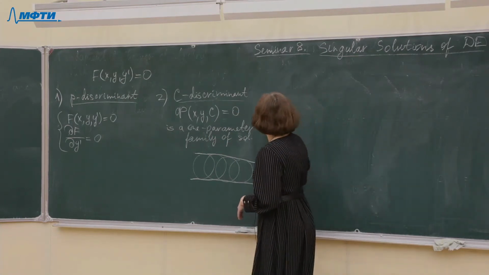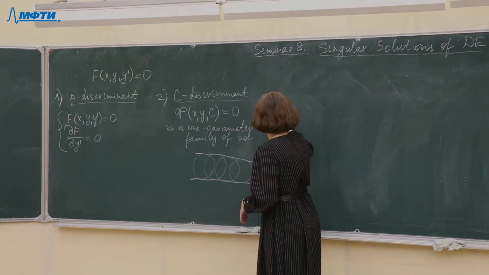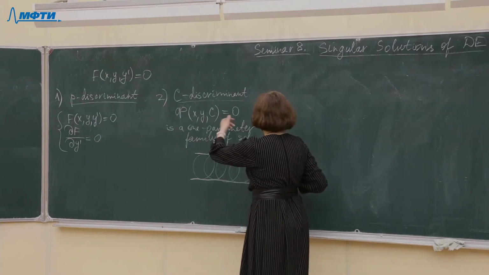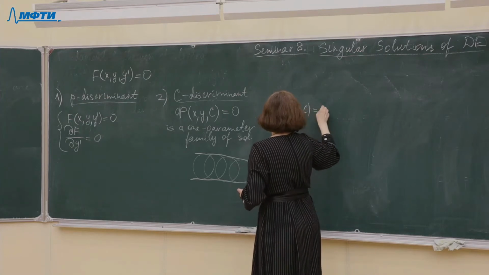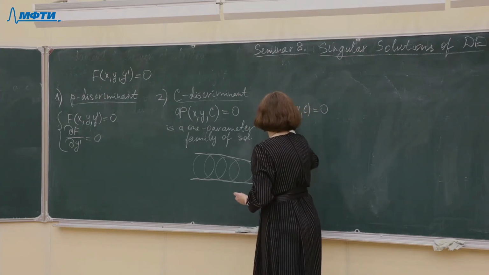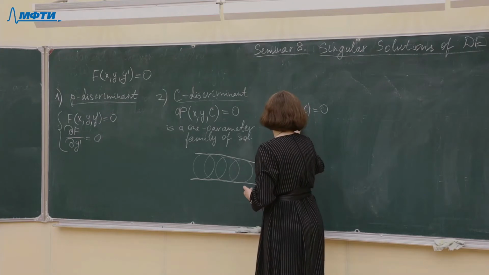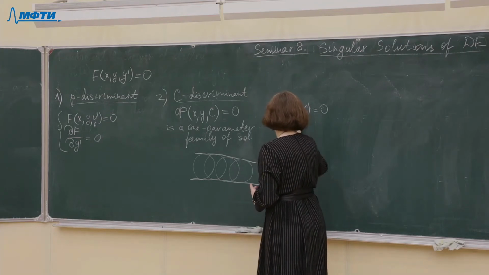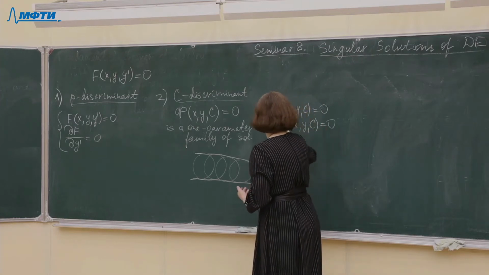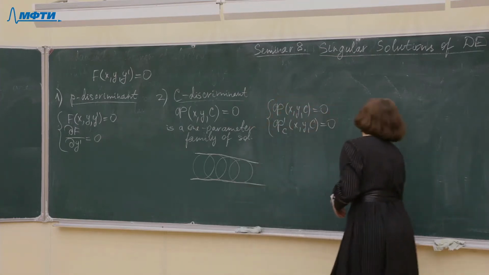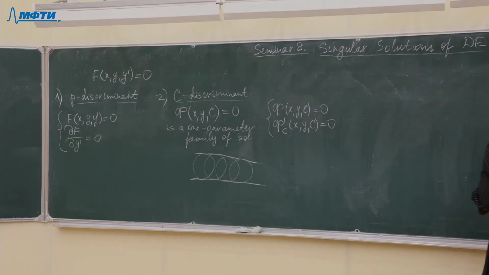To find the envelope, we should solve the following system of simultaneous equations: phi of x, y, c equals 0 and the derivative of phi with respect to c of x, y, c equals 0. And we must find the solution, and after this check whether it is an envelope or not.